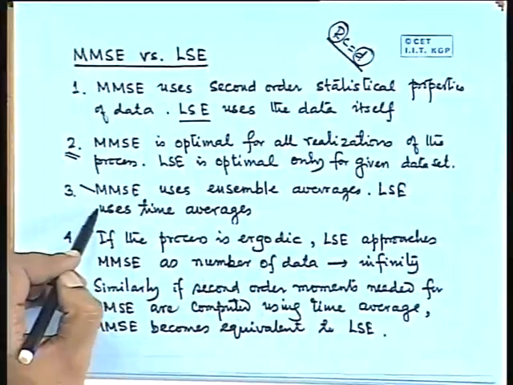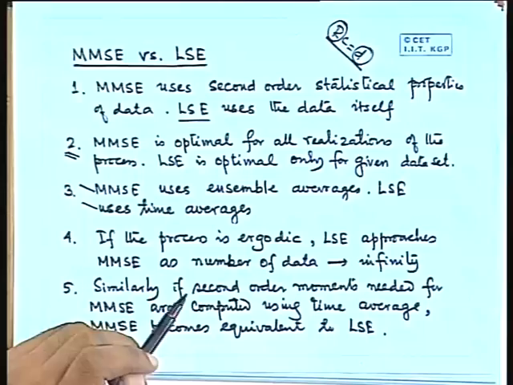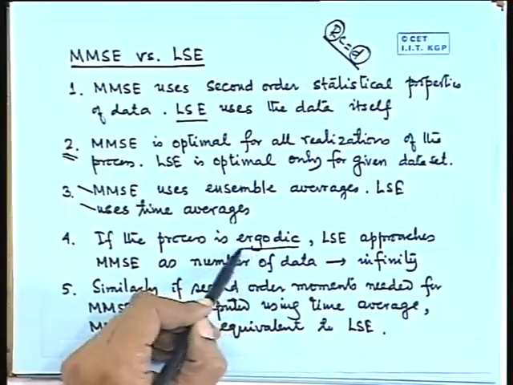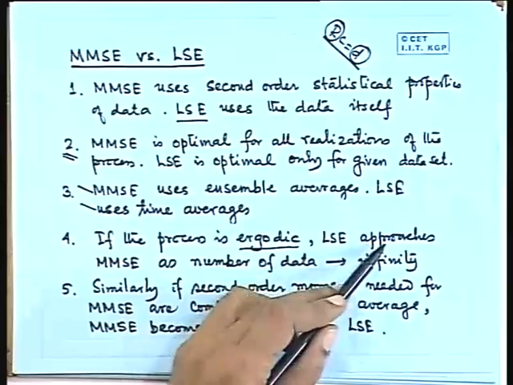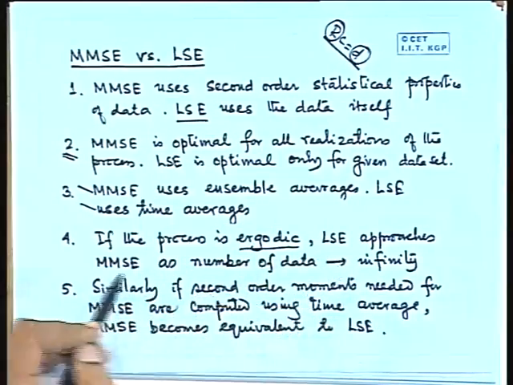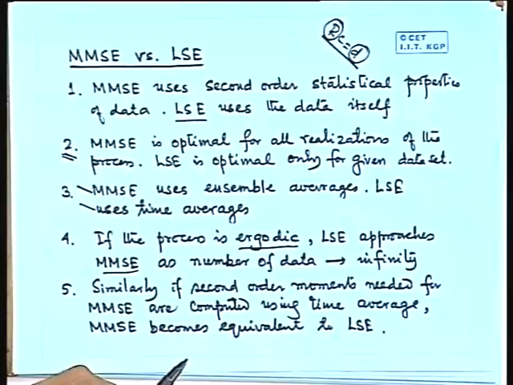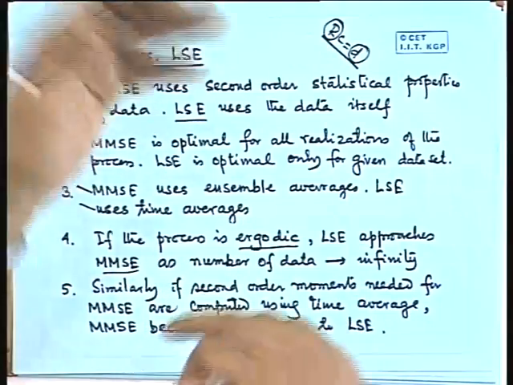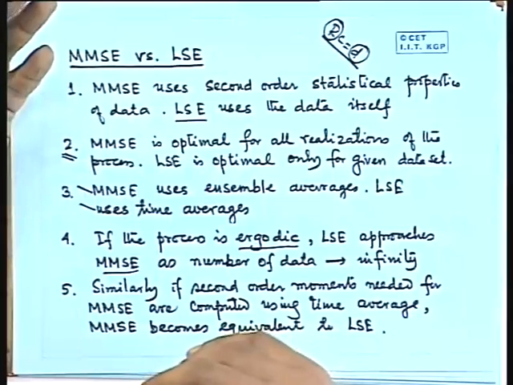The MMSE uses ensemble averages and the LSE uses time averages. So naturally, if the process is ergodic and you take a long time average, then the LSE will approach the MMSE, because ensemble averages will be equal to long time averages.